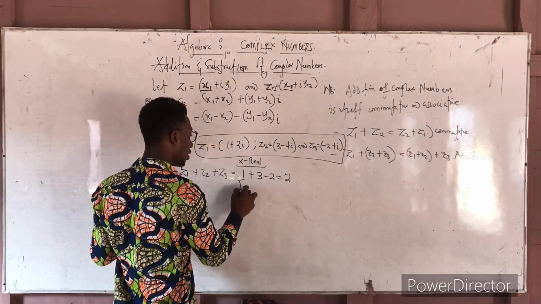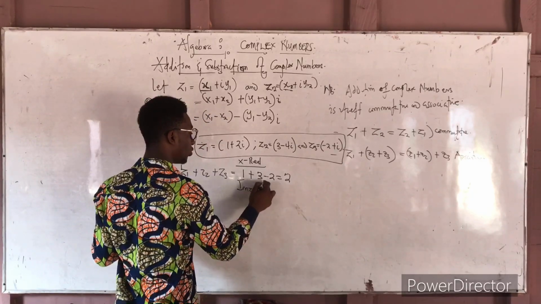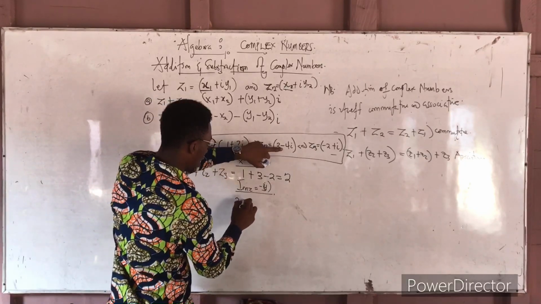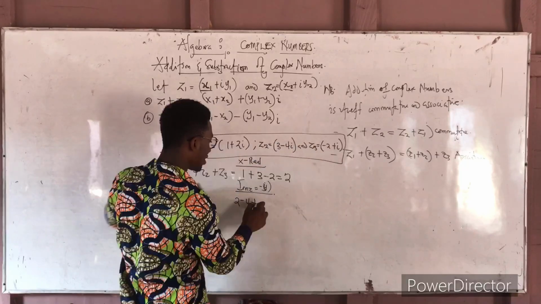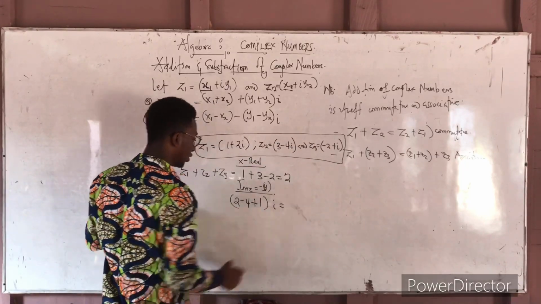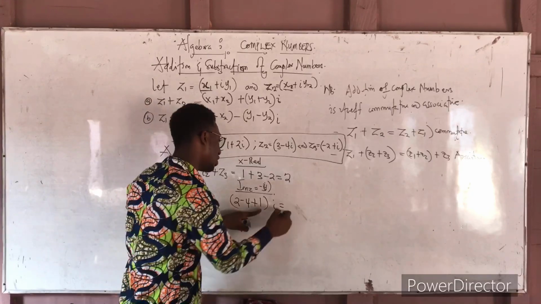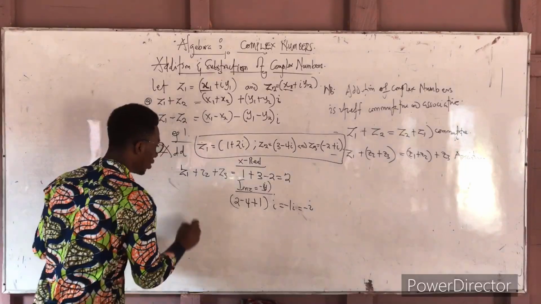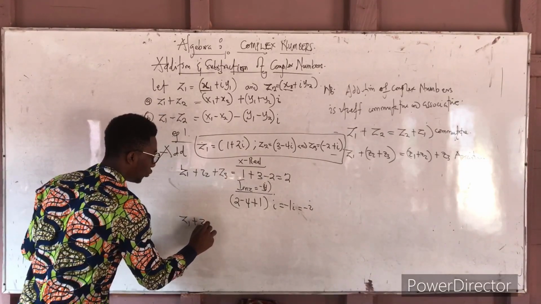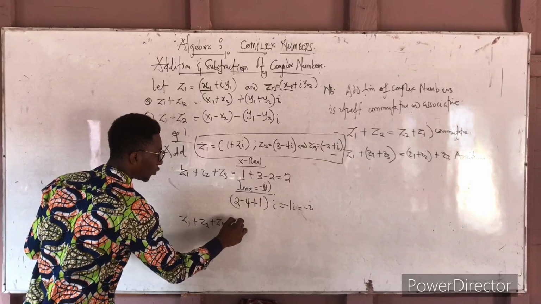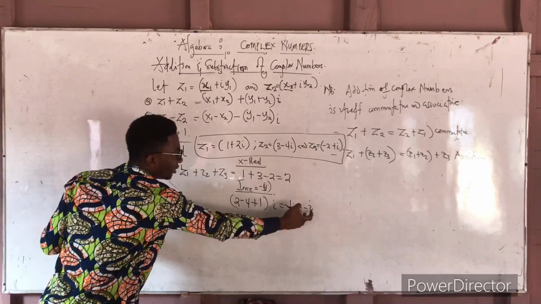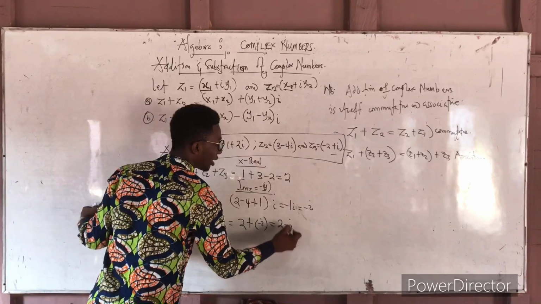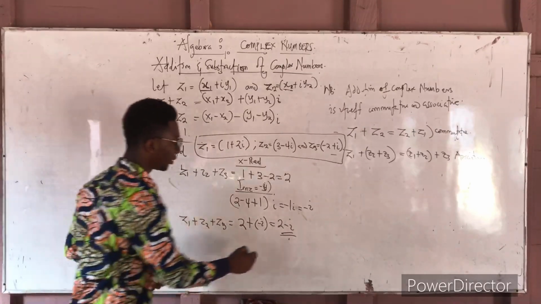Now finding the imaginary part: 2 minus 4 plus 1, times i. 2 minus 4 is minus 2, plus 1 gives us minus 1 i, which is the same as minus i. So z1 plus z2 plus z3 is equal to 2 plus negative i, which is the same as 2 minus i.